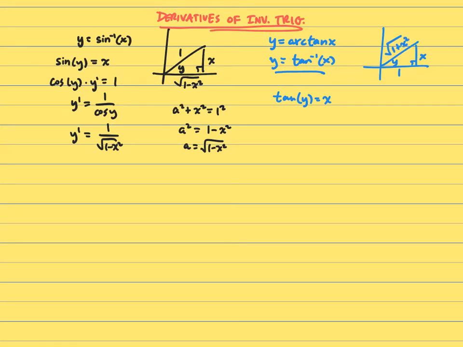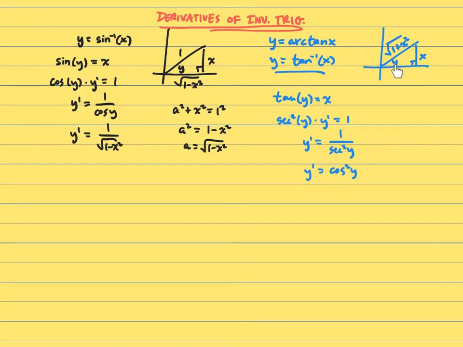Now, when we take the derivative of both sides implicitly, I would get secant squared y times y prime is equal to 1. And solving for y prime, I get 1 over secant squared y. Now, 1 over secant squared y is equivalent to cosine squared y. And now I can look up at my triangle.